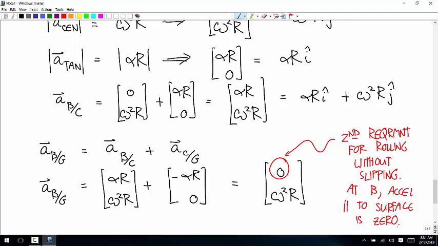So if that contact point had an acceleration parallel to the surface, that would be the wheel and the surface slipping against each other, okay? It can lift up and down, and that's what that centripetal acceleration is doing. It's making it turn to stay in a circular path, but it's not starting to slide. Any questions about that?